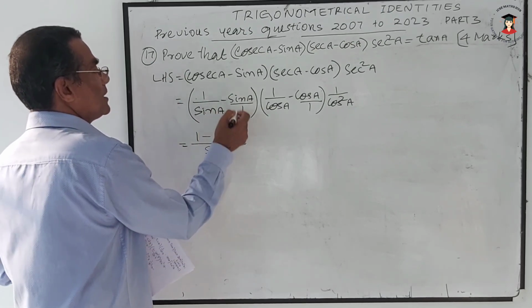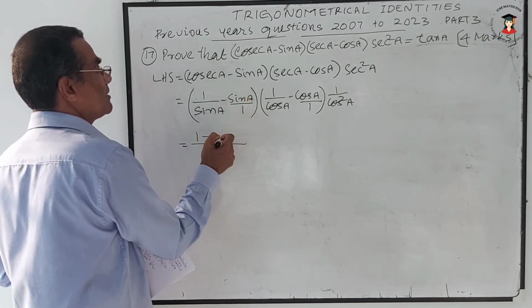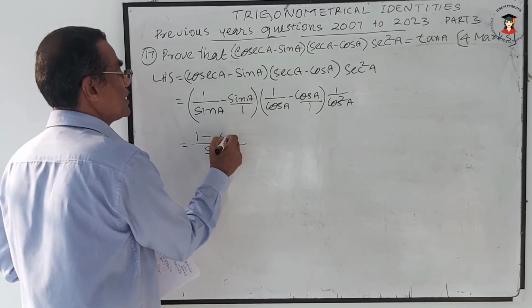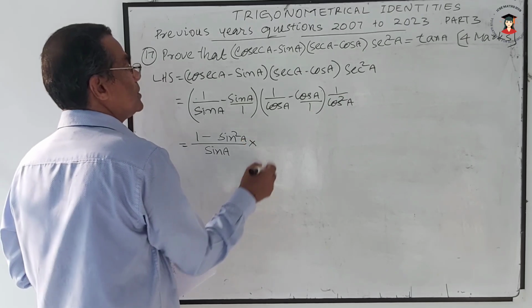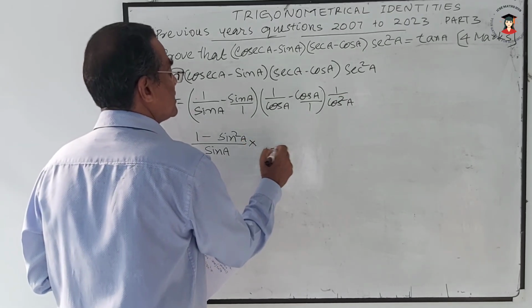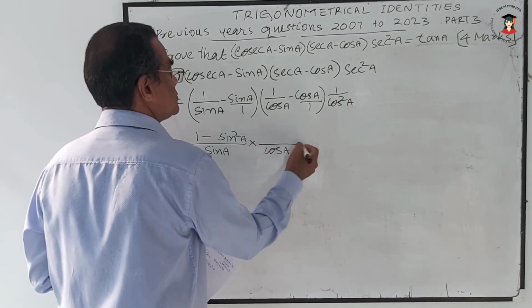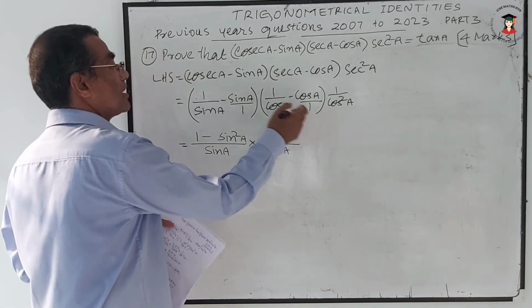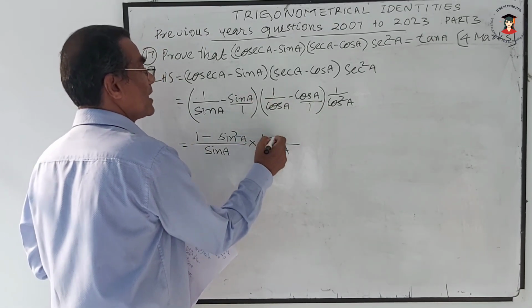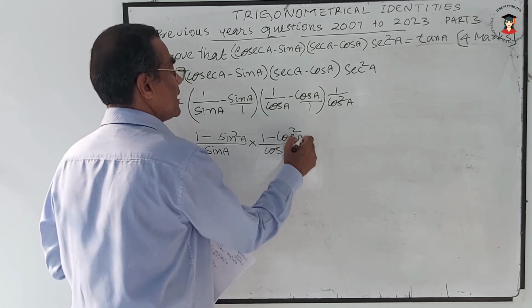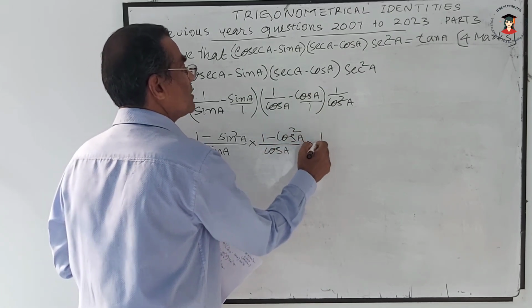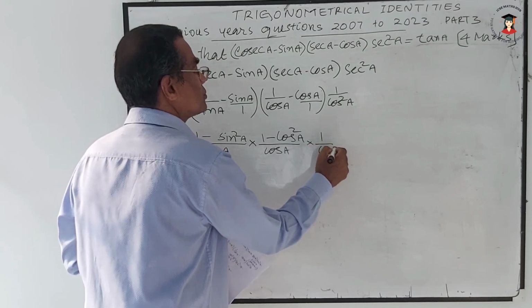Then here, the common denominator is cos A, cos A into 1. Then 1 into 1 is 1 square minus cos A into cos A is cos square A, into sin square A by cos square A.